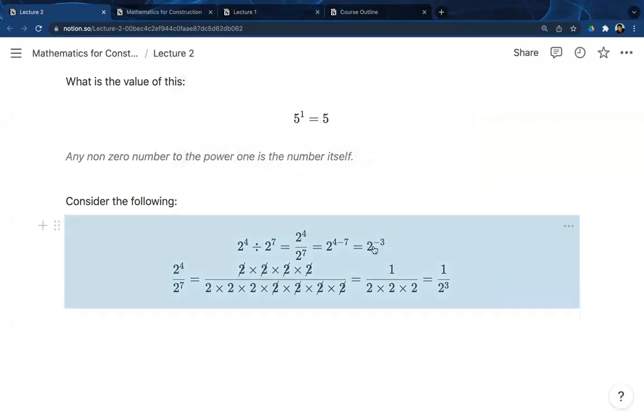And that is what negative power means. A negative integer power means 1 over the positive power. This example shows you where it comes from, why it is the way it is. So 2 to the power -3 is 1 over 2 to the power 3.